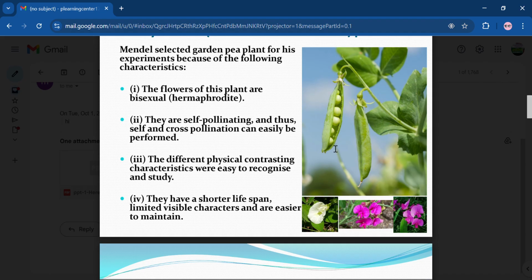They also have limited characters, are easy to maintain, and have a short lifespan. Within 1 or 2 months, a new plant can be produced.